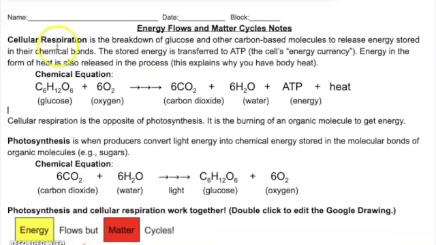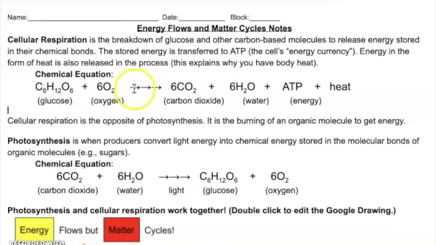Now we know that cellular respiration and photosynthesis, when it comes to these 4 core molecules, are the same, it's just that it is in reverse, it is backwards. So our reactants for photosynthesis are the same as the products for cellular respiration.